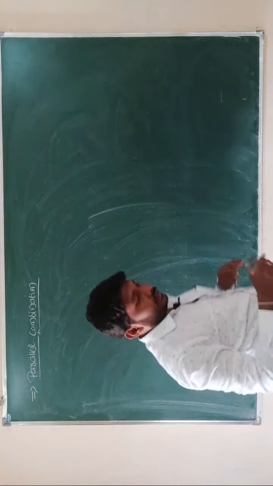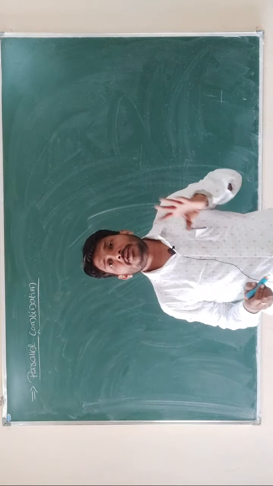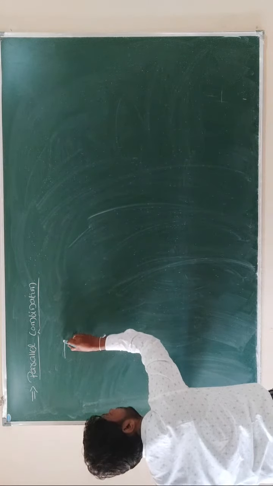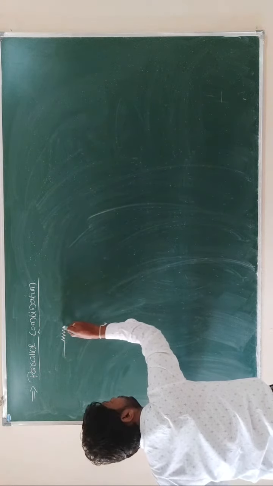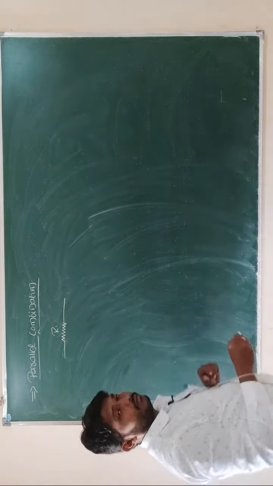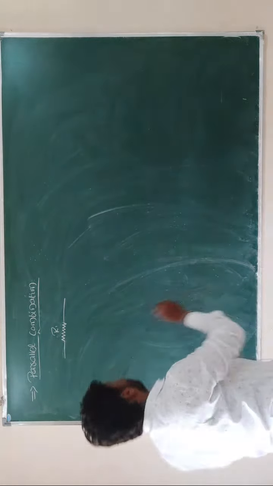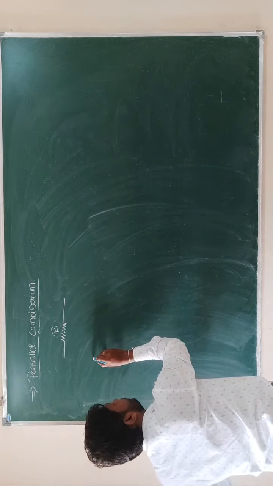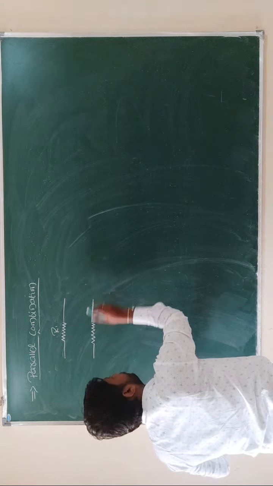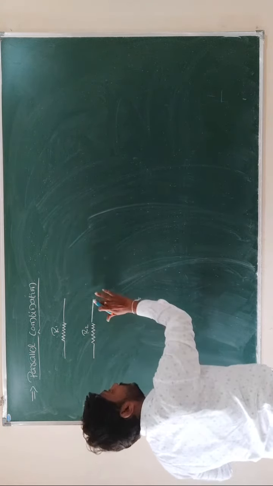So first I will take two resistances here. These two resistances I will make in a parallel arrangement. For example, this is one resistor having resistance R1, and I will take another resistor having resistance R2, right?